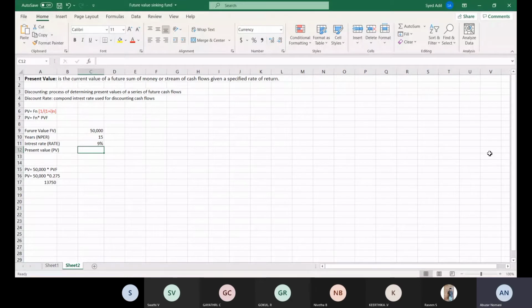Take an example of your investment. Suppose you are in the salaried class and every time your PF has been deducted, you are paying your PF every month.